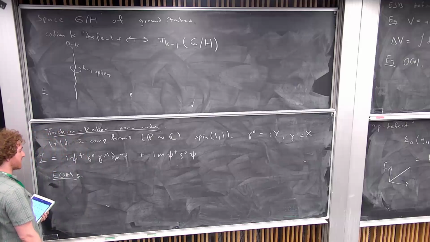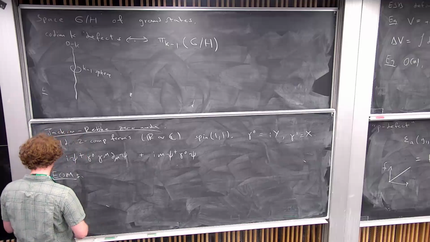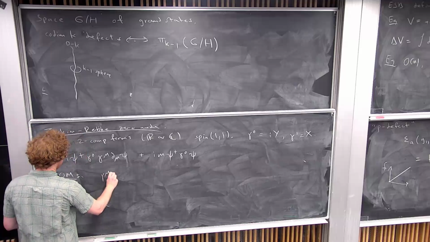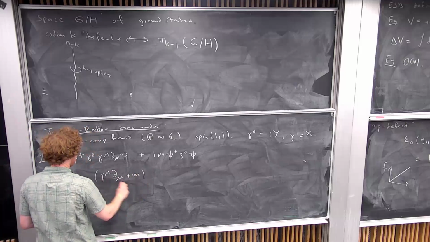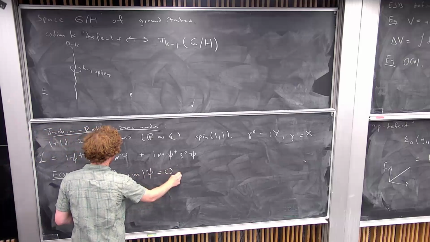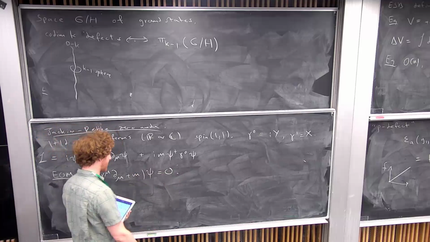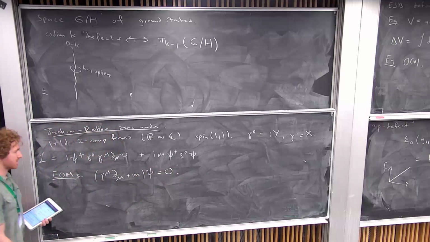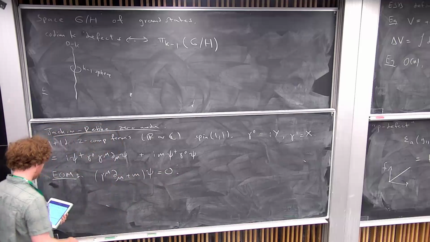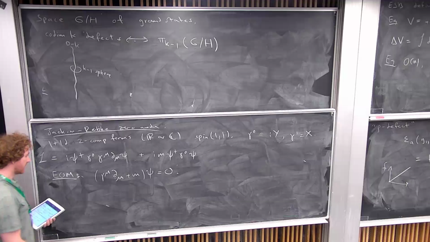And so to get the equations of motion, we do the usual thing with the Euler-Lagrange equation, and we find this: the Dirac equation if we're talking about complex, or Majorana if we're talking about real. Now this has solutions.